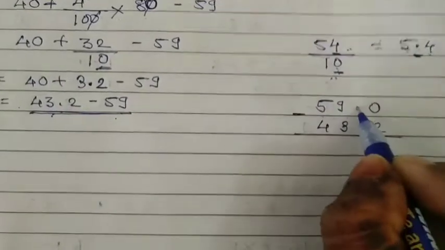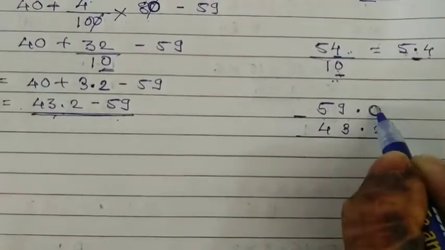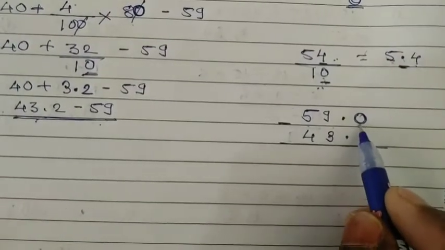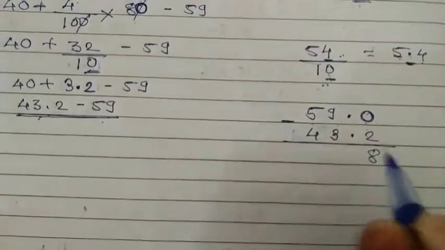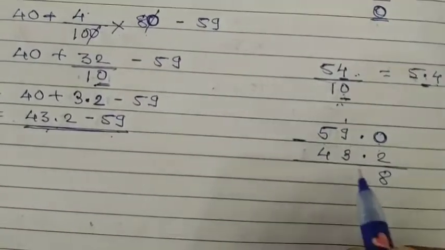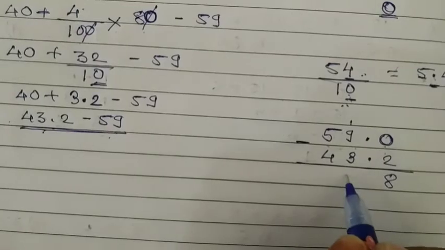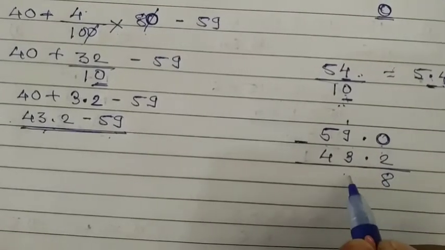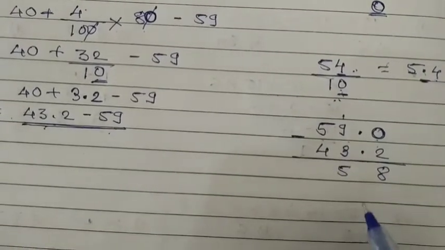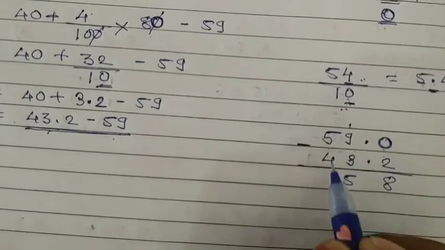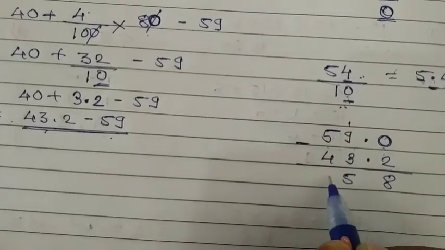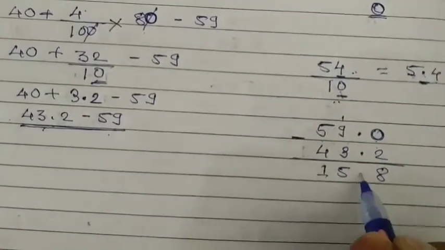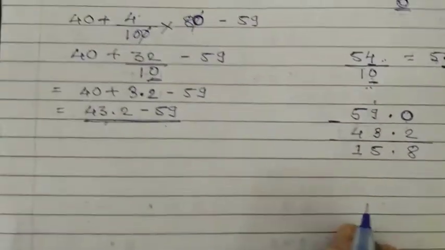59.0, how much? That is 8, remaining 1. That is 5, that is 1. 15.8.